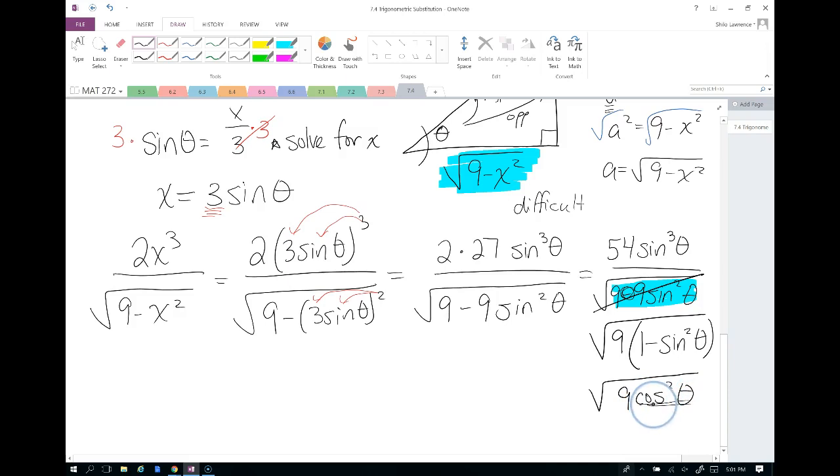So now that I have no addition or subtraction in there, I can take the square root of each piece, and it's just 3 cosine theta. So my entire denominator just simplifies down to 3 cosine theta.